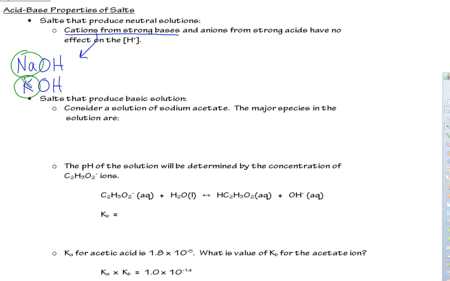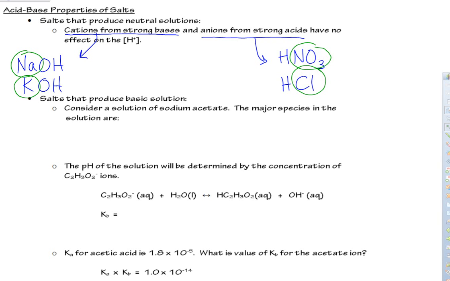And then we need to bond that with the anion from a strong acid. So the anion would be the negative ion from a strong acid. Good examples might be nitrate from nitric acid, or maybe chloride from hydrochloric acid. All right, these would be some good examples.